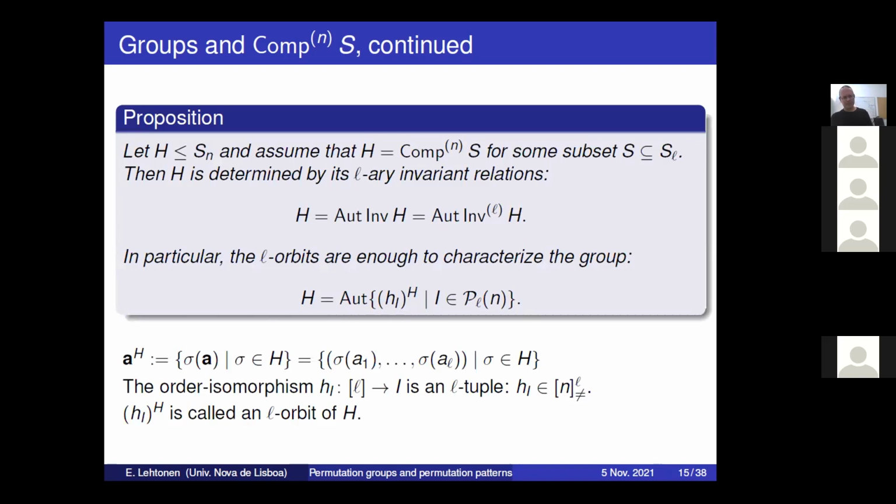The results are quite technical, so maybe I won't go into this in too much detail, but we had some results. So in order to describe a permutation group of the form Comp_N(S), it is sufficient to consider just finitary relations if S is a set of L-permutations.